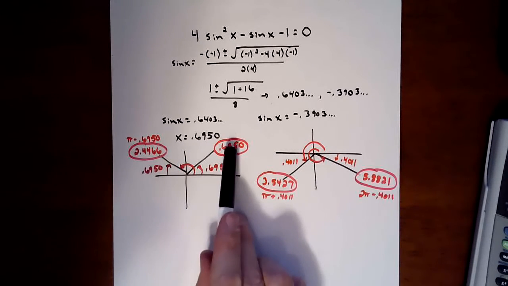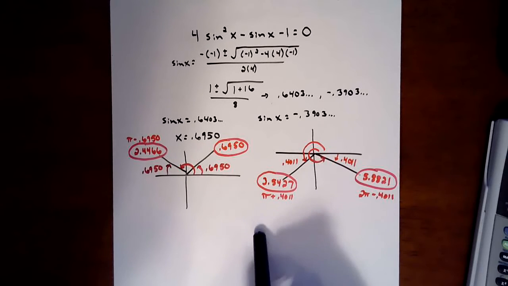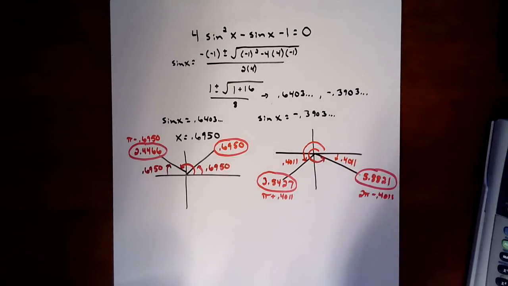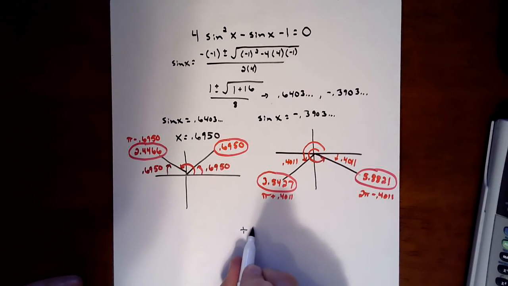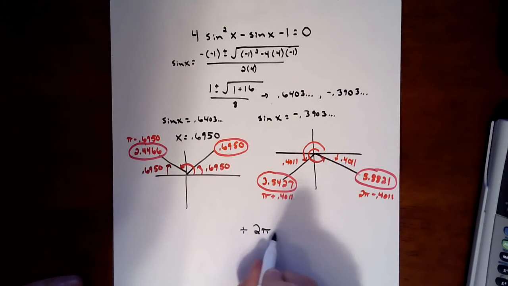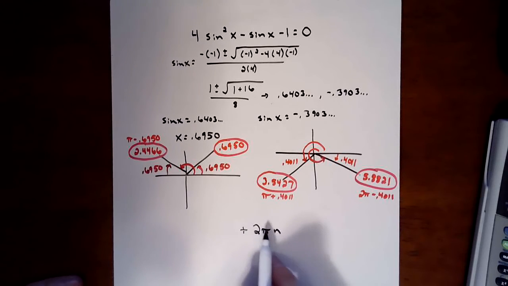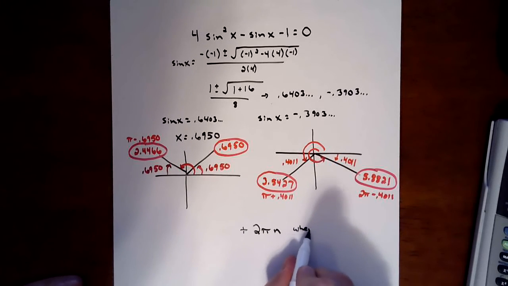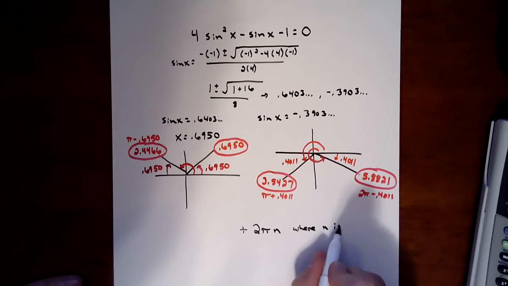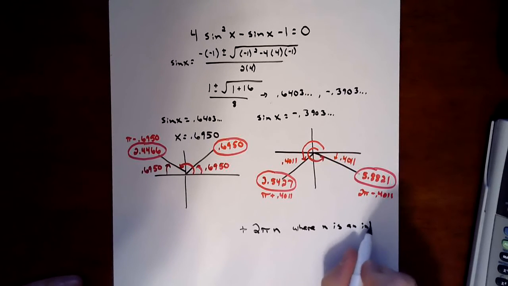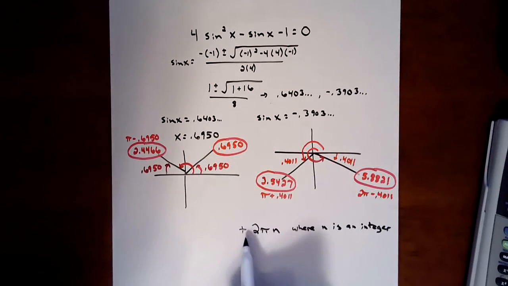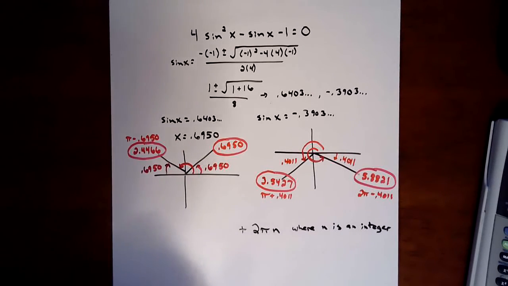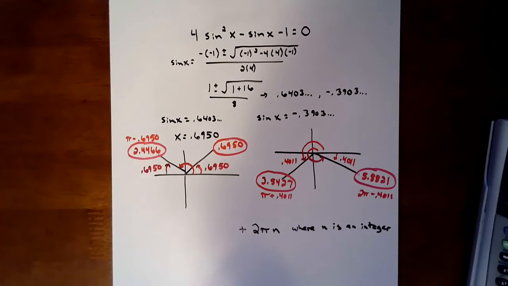So you'd have this angle, this angle, this angle, and this angle, all plus 2 pi n, where n is an integer. Each one of them would have the plus 2 pi n, which ended up being your d value in the end.